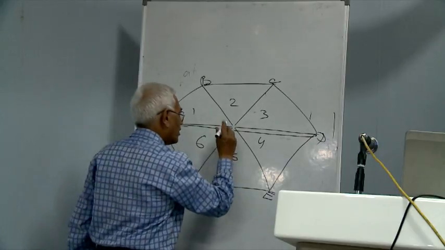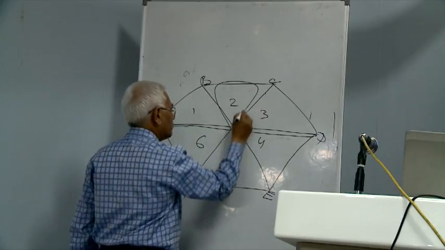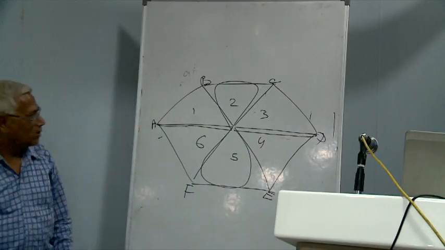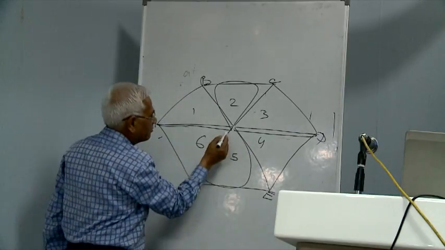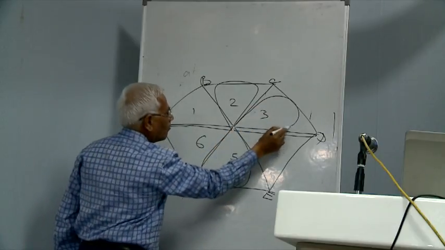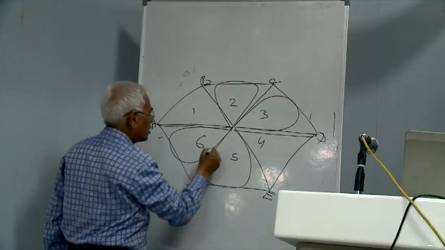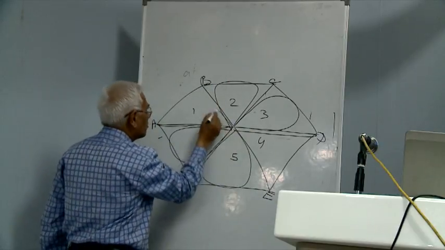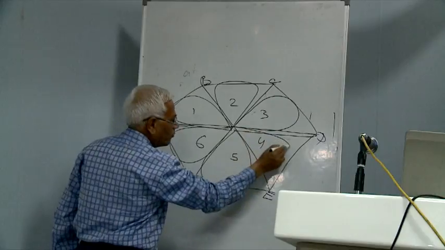This is the dipole, and the figure of 8 you have covered. Suppose you take B and E, this is the area you can cover. And if you take this F and C, you can cover this area.